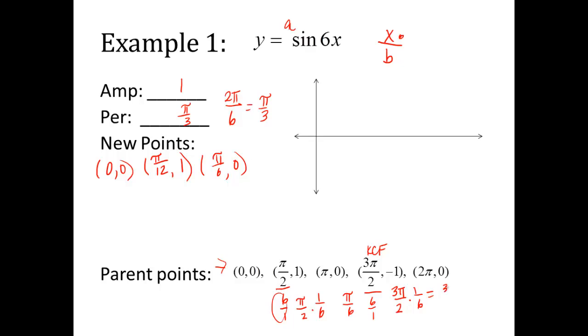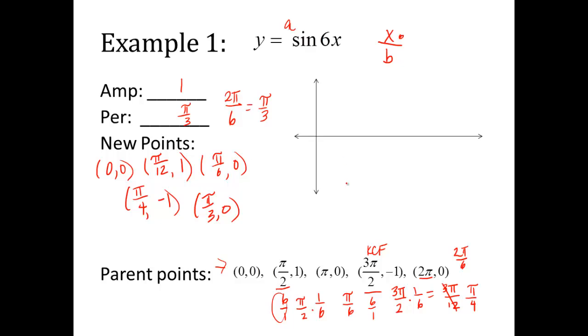When I multiply, I get 3 pi over 12. Well, that reduces to pi over 4. So my new x value is pi over 4. Y value is not changed in this scenario, so it's still -1. Lastly is 2 pi. 2 pi divided by 6, we already talked about this. That is pi over 3.